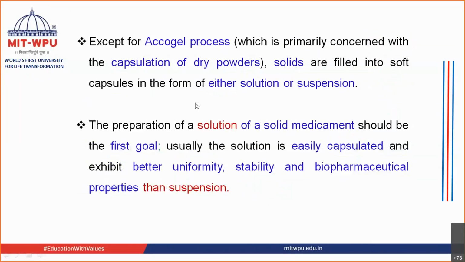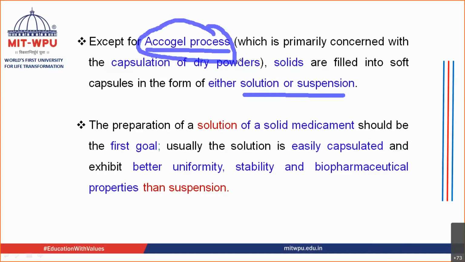Now, usually what is encapsulated is liquids. These are very good to encapsulate, except for one process, that is the Ecogel process. The machine is known as Ecogel. So except for the Ecogel process, what you encapsulate is usually a solution or suspension. But when you use the Ecogel process, what you are encapsulating is solids.